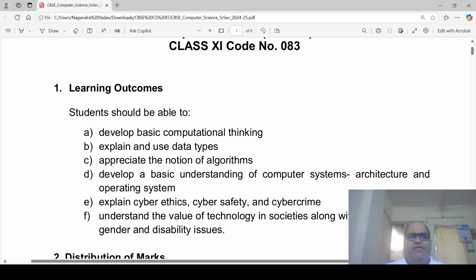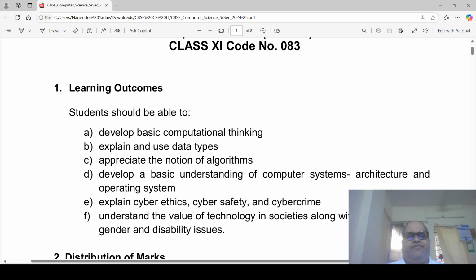We will look at the last couple of years' question papers, and then we will take one sample coding question and try to see what you can expect in your exam and what kind of skill you need to develop to score well in these kinds of programming related questions.